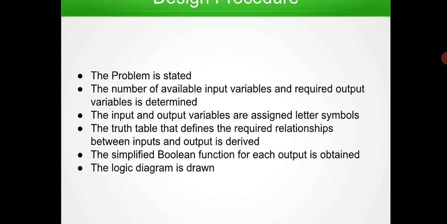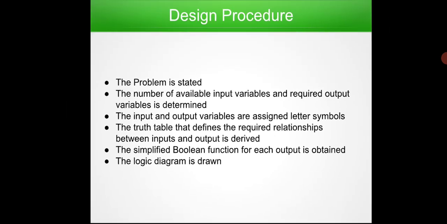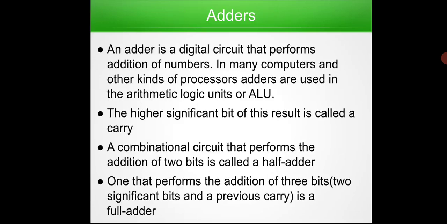You have to assign some input variables and output variables, you should predict something, and you should build a truth table. Then after seeing the truth table, you have to minimize the boolean function. After that, you go for the logic diagram. Fine. So these are some of the design procedures available for a combinational logic circuit. Next, you have the concept of adders.